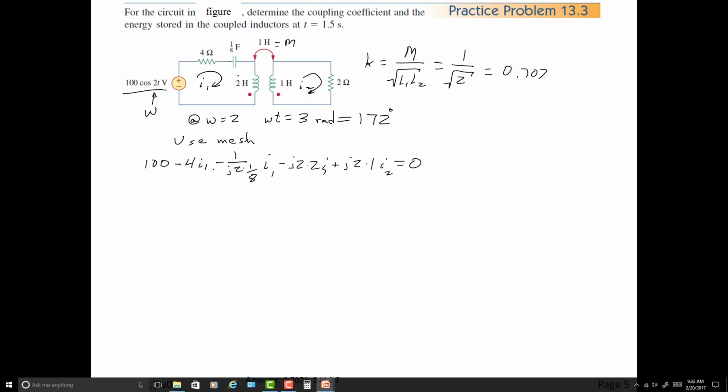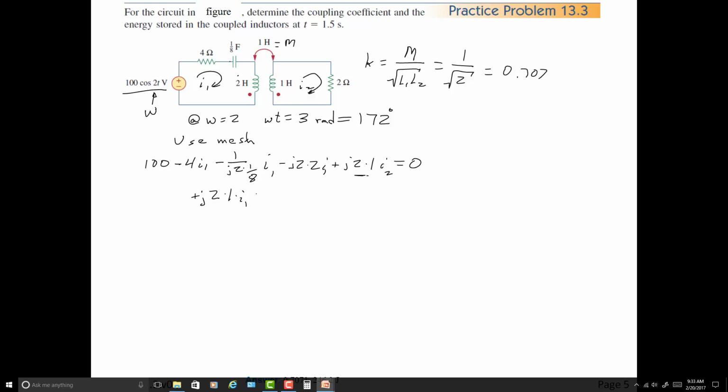Let's do it on the right. We can start with the resistor. Actually, let's keep the I1 terms together and then the I2 terms. We can start with the mutual inductance to begin with. And that will be a similar term, so it'll be plus j2. I'm looking at this over here and saying I got basically the same thing, times 1 only now times I1.